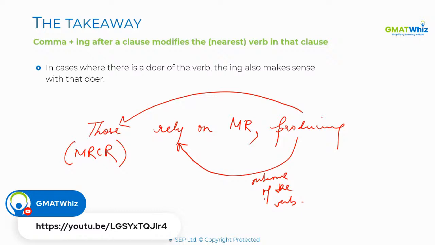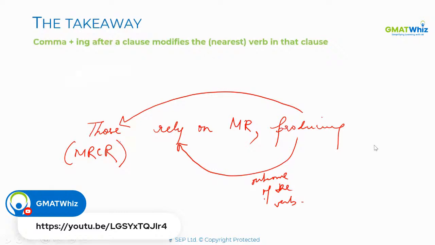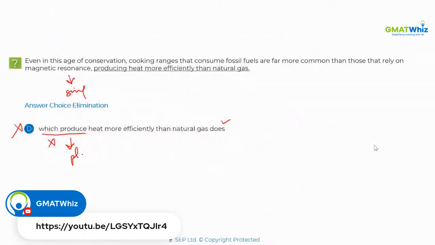Let me see. So Sudeep is asking a question, ma'am, will D be correct if produces is there? Sudeep, with D, it would change the meaning a little bit if we go back to D. Okay, so which produces seems to say the magnetic resonance produces heat more efficiently.